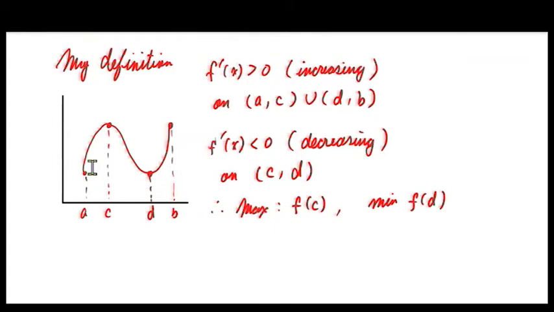Yeah. So I'm gonna add one more here. This f of A is a minimum, right? Because it's the left endpoint. I'm so glad that you brought this up. And do you see that's a maximum because it's higher than any nearby points here? So this is f of D, f of B. Let's just throw those in.